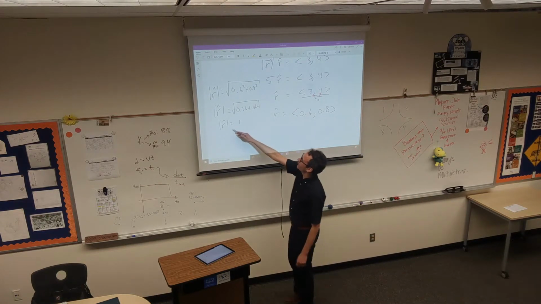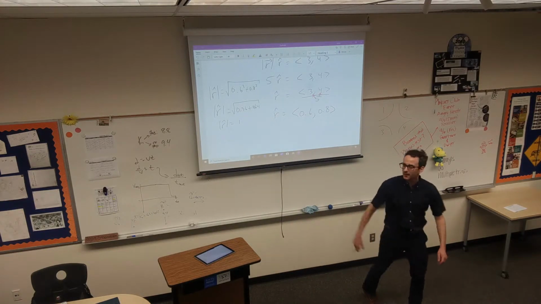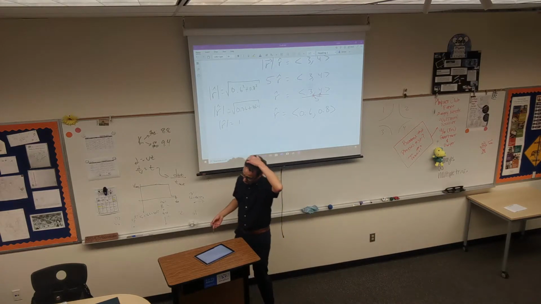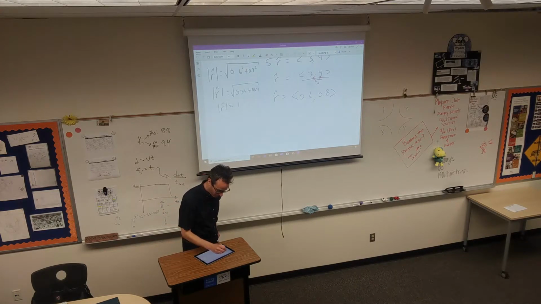Yeah, it's got a magnitude vector. The r hat has a magnitude equal to 1, and it's pointing in some random direction. It's 0.6, 0.8. We can make it 3D, we can do all sorts of things, but that's that particular vector. Now, going back to that definition, the r vector is the magnitude of r multiplied by r hat.